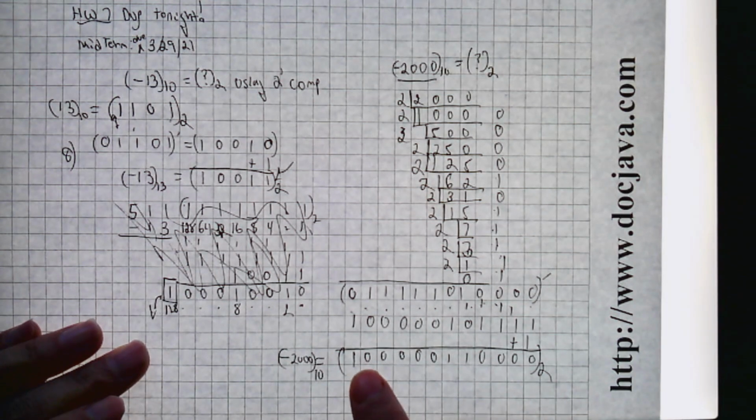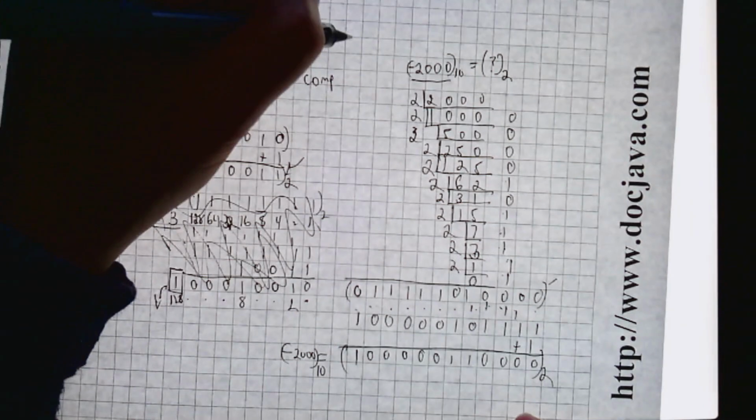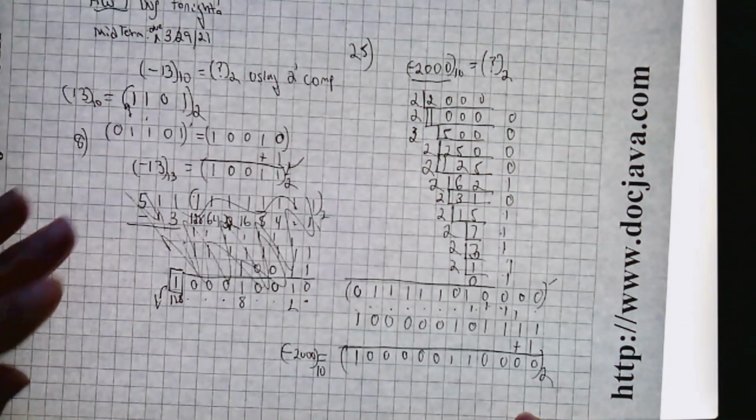So what I have here is 1 with 1, 2, 3, 4, 5 zeros. And that's correct. 2 ones, yep, and 4 zeros. That worked out great. That's a correct answer. So that was question number 25.